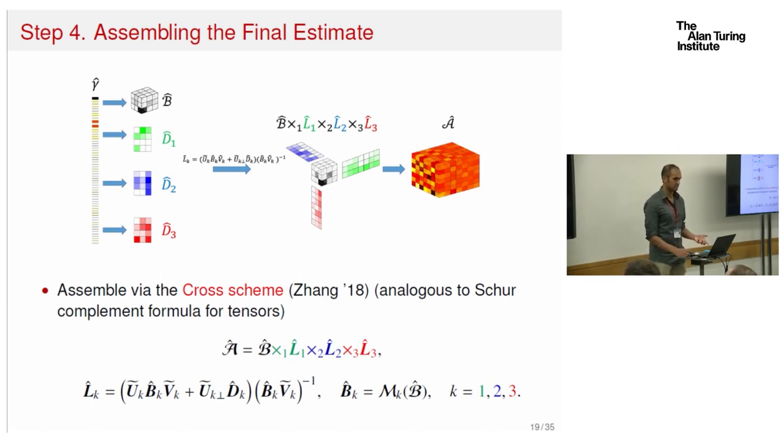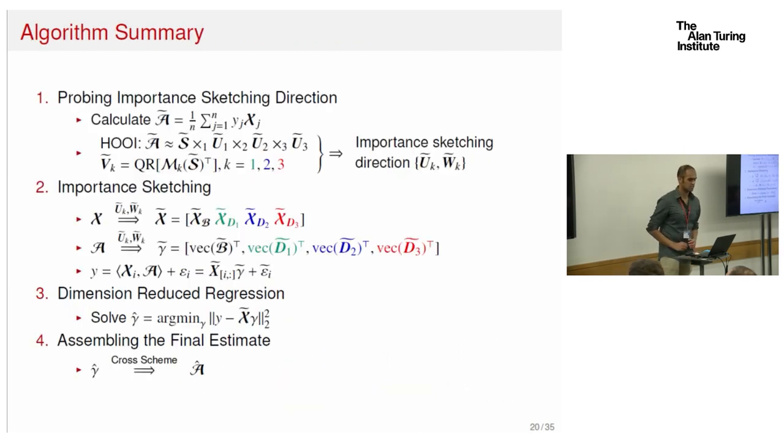And this inverse looks a little scary, but it's not, because both the B hat K and the V tilde K are low dimensional, so they only depend on R. So this inverse is not difficult to compute computationally. Okay, so just to summarize the algorithm, the first thing we do is importance sketching, so we're deciding which directions to sketch, and this is where we use that HOI algorithm.